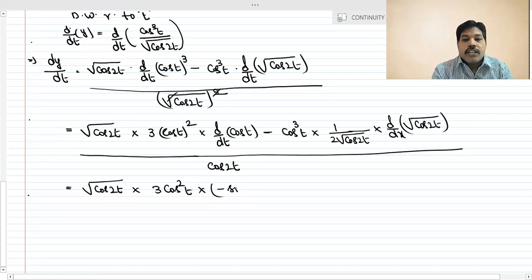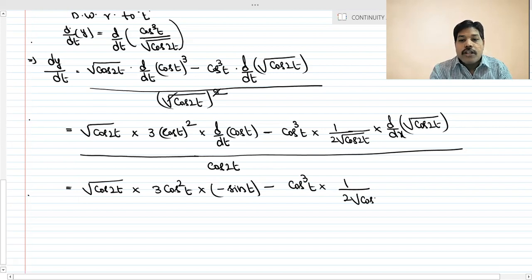The derivative of cos t is nothing but minus sin t, minus cos cube t into 1 by 2 into root cos 2t into this value. I made a mistake here, students. It is 1 by 2 root f of x into f dash of x only, so the root is not there; remove the root.